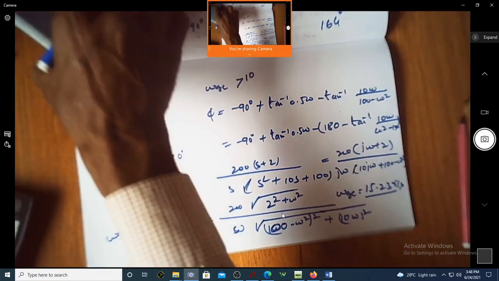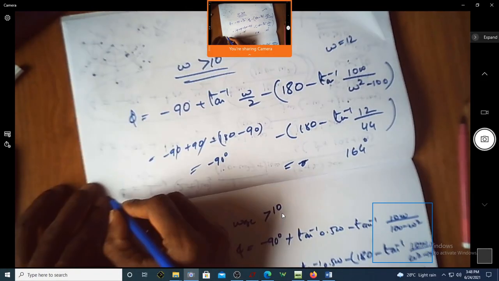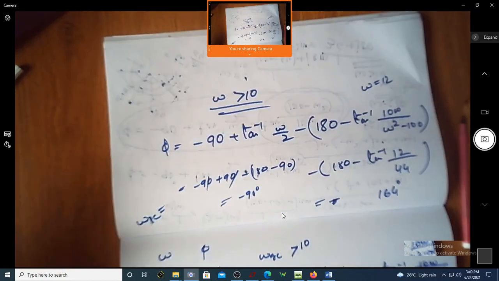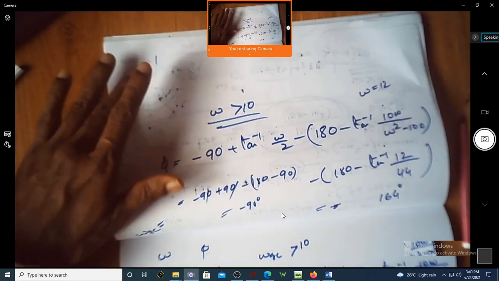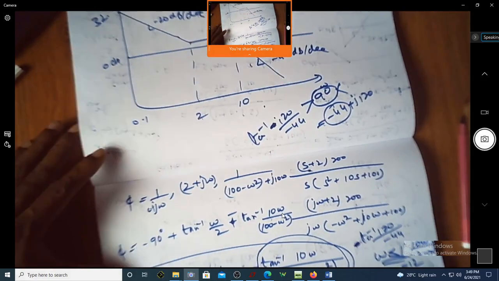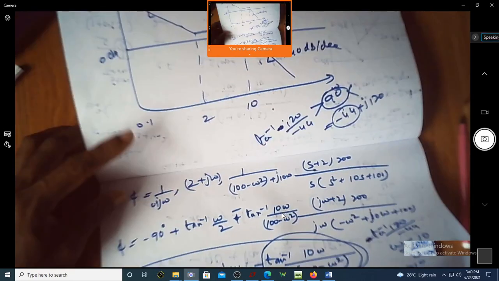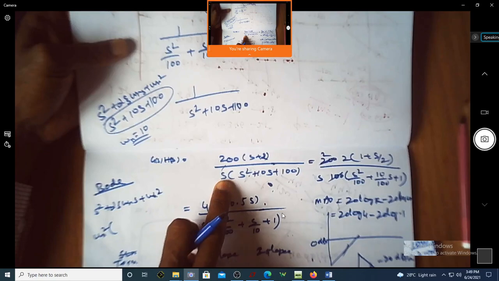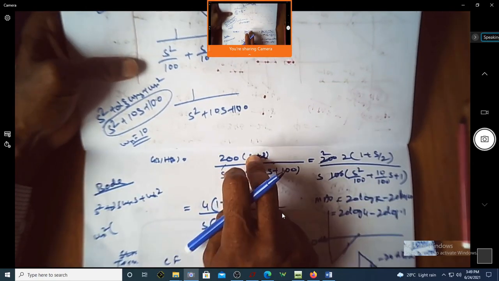How do you find omega PC now? Choose the second equation. What is the definition of omega PC? It's the frequency when the phase is minus 180 degrees. Does the phase cross minus 180 degrees at any point of time? See here, is the phase contributed by this minus 90? Yes, sir. What is the maximum phase contributed by this?